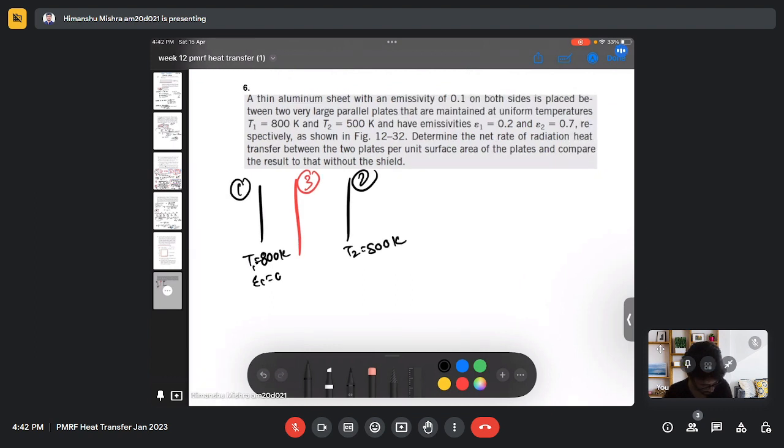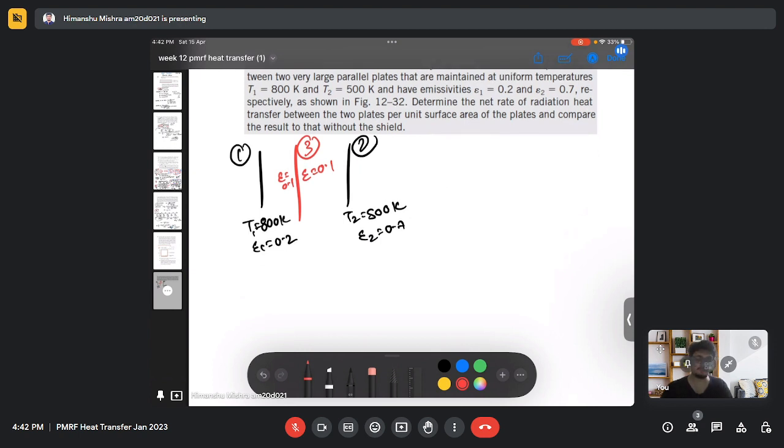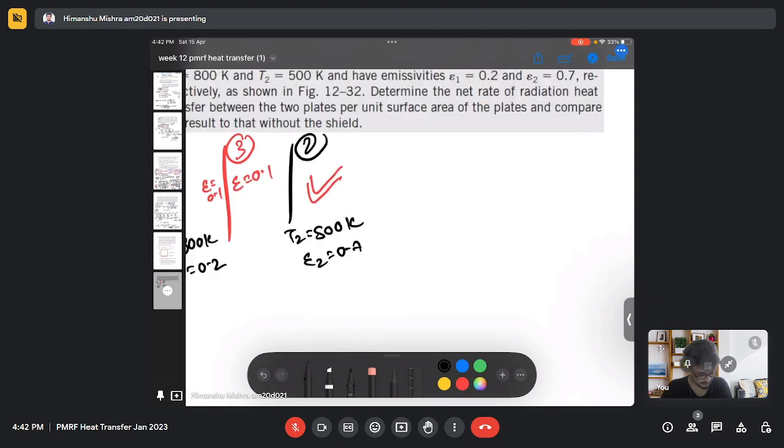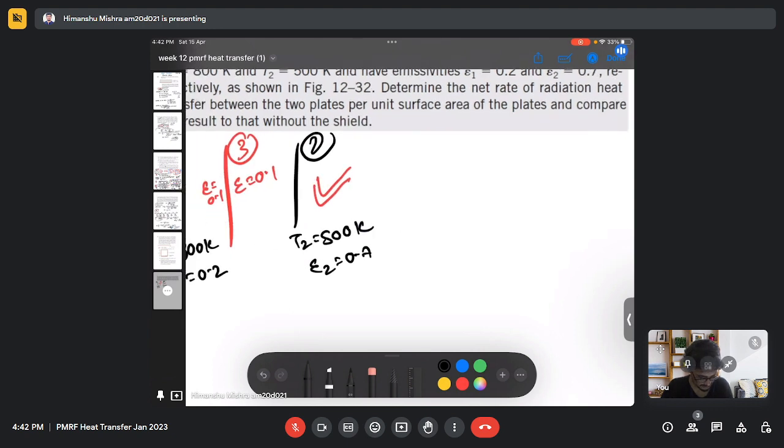The emissivity is 0.2 here, and here it is 0.7, and the shield is 0.1 on both sides. We already know the resistance expression because we derived it with the shield, and then we simplified the relation for the same case. So I'm just gathering data from the last question.